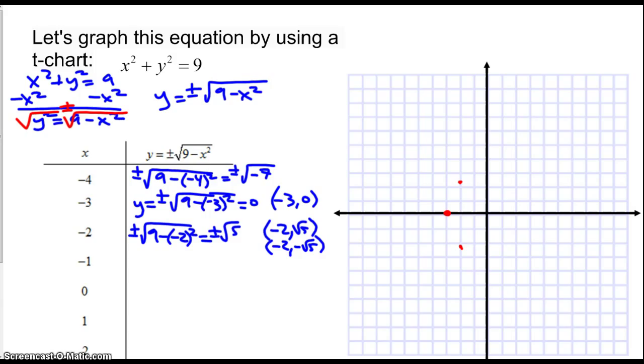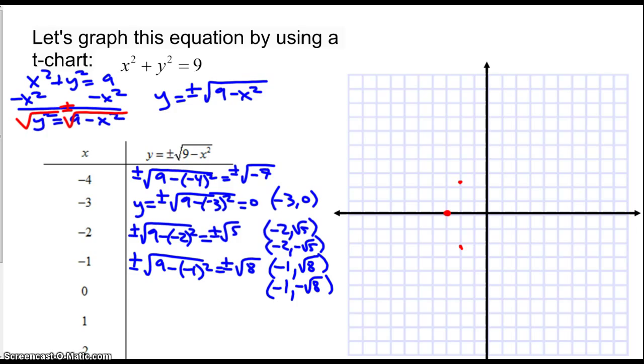All right. Let's do negative 1. So 9 minus negative 1 squared is going to be plus or minus the square root of 8. And the square root of 9 is 3, so it's something a little less than that. So if I plug negative 1 in, I get positive square root of 8, or I could also have negative square root of 8 out for y.